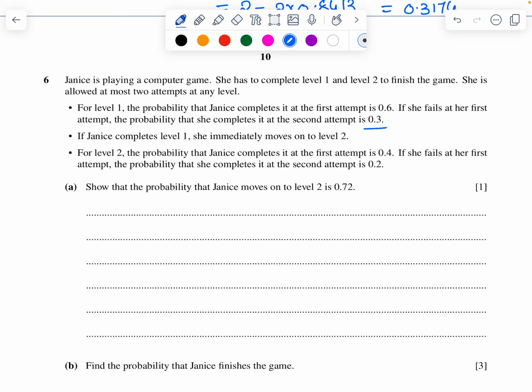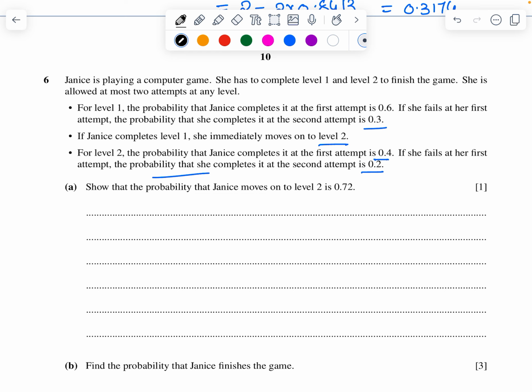If Janice completes level 1, she moves to level 2. For level 2, the probability of completing at first attempt is 0.4, and failing the first attempt, the probability she completes it at the second attempt is 0.2. Show that the probability that Janice moves to level 2 is 0.72.